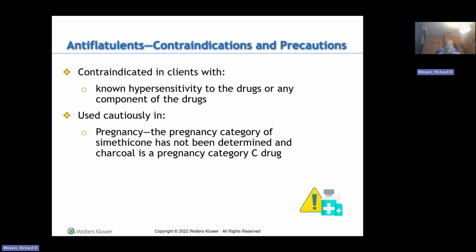The pregnancy category for simethicone rather has not been established or determined. Because it is not absorbed, it may be safe for use during pregnancy. So, although the primary care doctor should be consulted when any drug is to be taken, just to know what their effects might be. Now, charcoal is a Category C drug, so we certainly want to use that with caution in pregnant women.